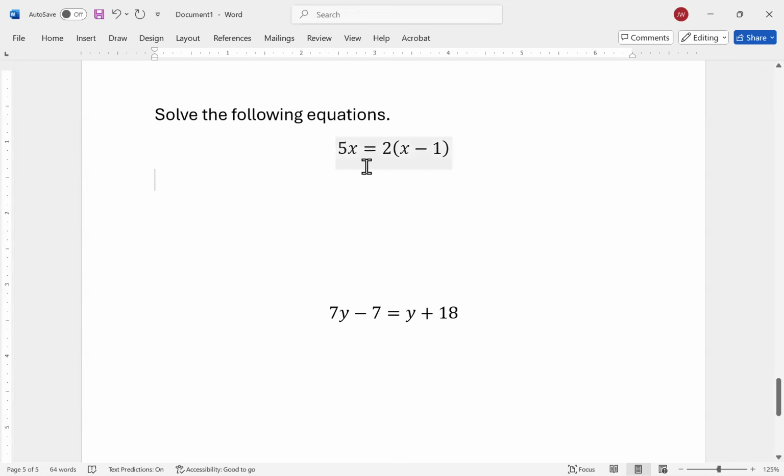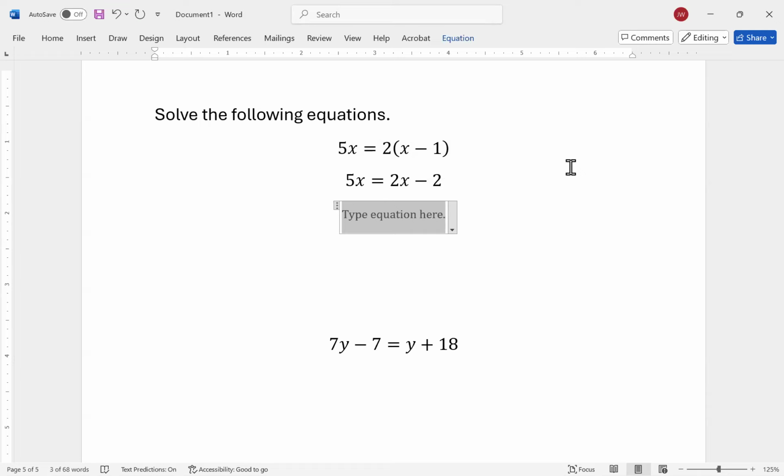All right, here we have 5x is equal to 2 times the quantity x minus 1. I'll distribute that 2. That will give me 2x minus 2 on the right-hand side. Then I would try to get all of the variable terms with x on the left. That means I need to subtract 2x from the right-hand side.